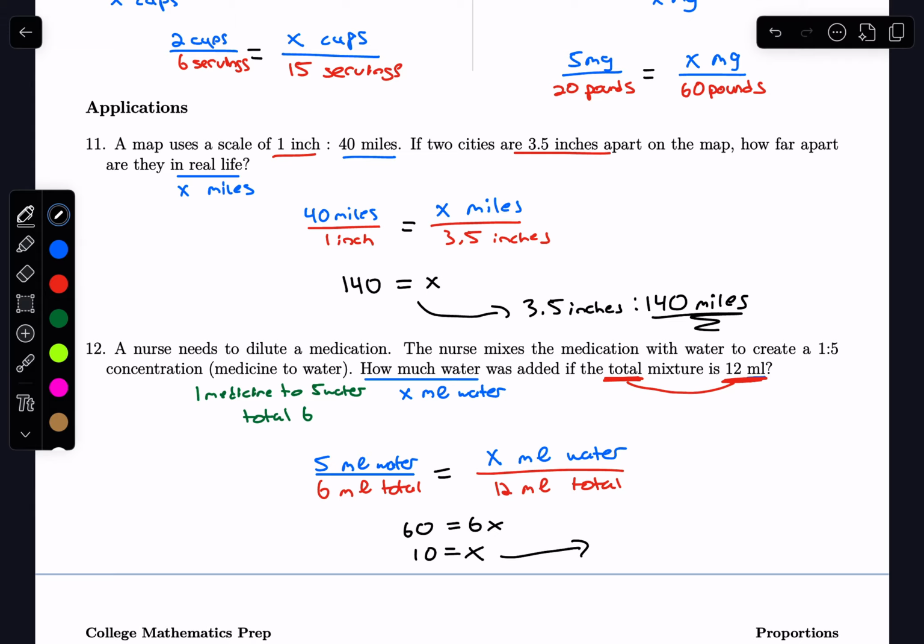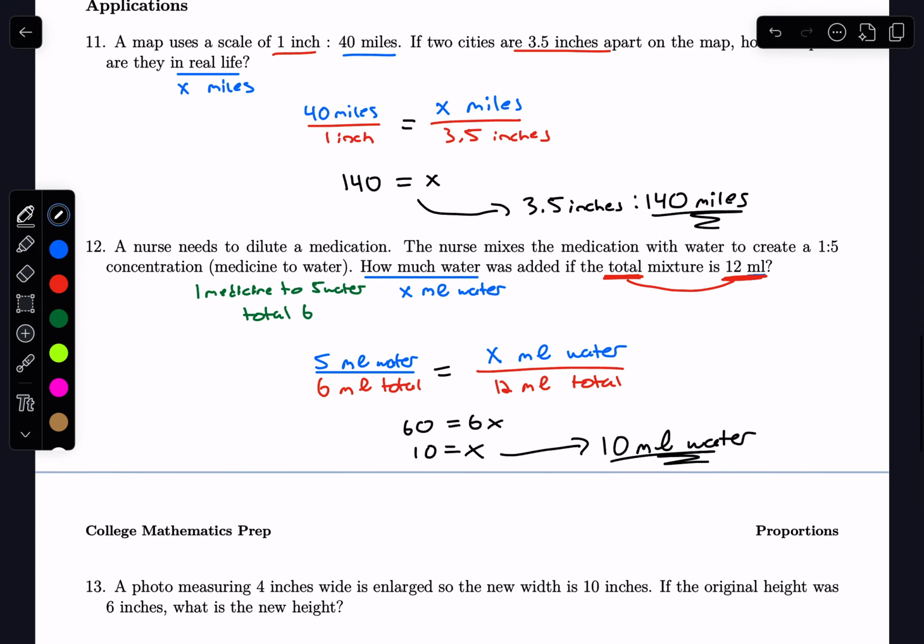And so this tells me that the amount of water that was added to the mixture is 10 milliliters of water. So out of that 12 milliliter mixture, 10 milliliters are water. Notice that that would mean there's 2 milliliters of medicine. So we have a ratio of 2 to 10, which is the same as 1 to 5. So everything stayed consistent there.